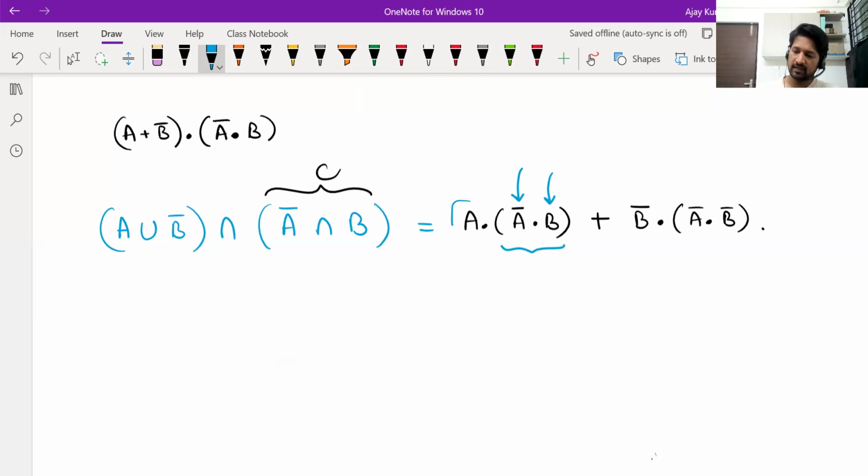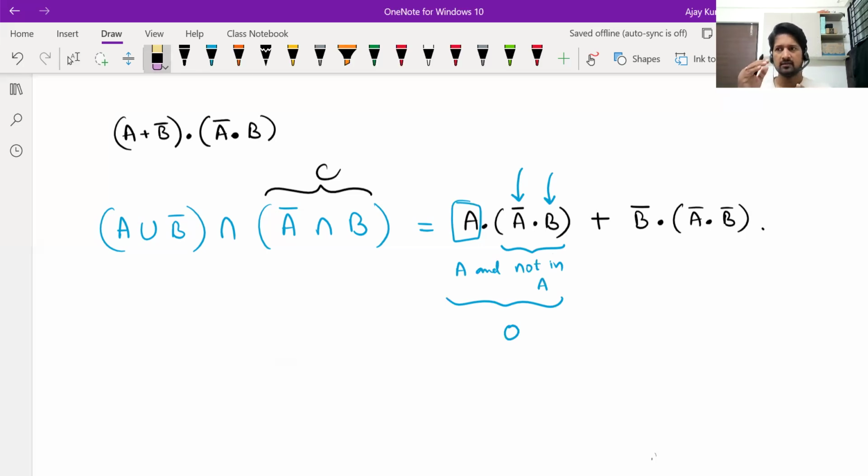If you take an AND with A, now this has elements which are not in A, this is A, and you are taking AND, then the output here has to be 0. See, exact set theory formulas, if you remember, you can use them. I don't remember, so I'm trying to answer it this way.